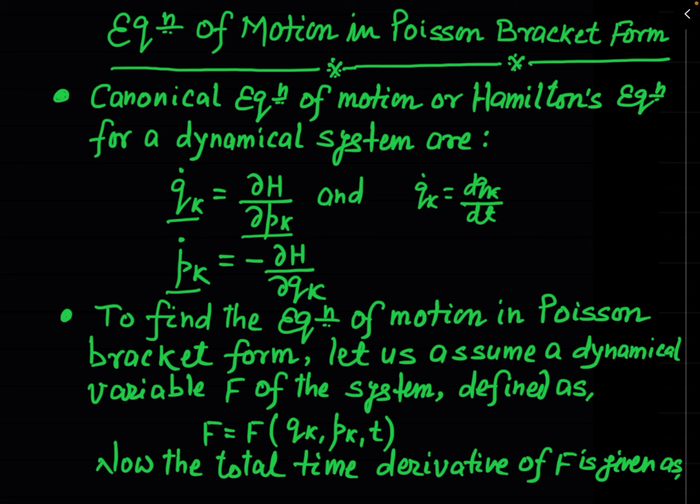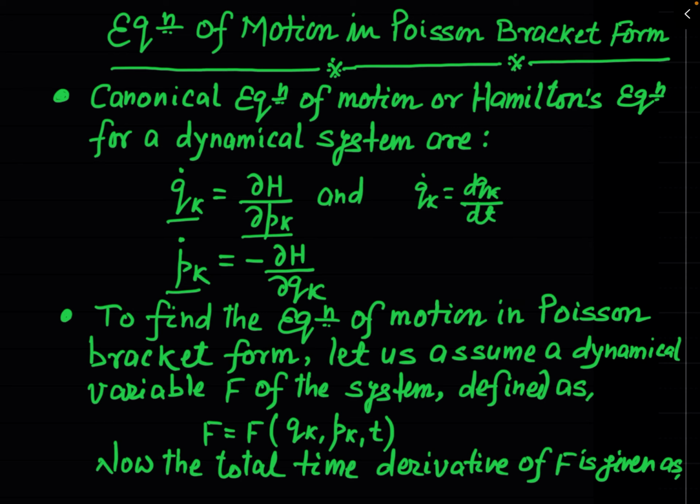Here pk are the generalized momenta, and these are the canonical equations of motion with which you are familiar, and which you have studied in detail in the previous lectures. Simply we say that these are Hamilton's equations of motion. Now our aim is to express these equations in terms of Poisson bracket.